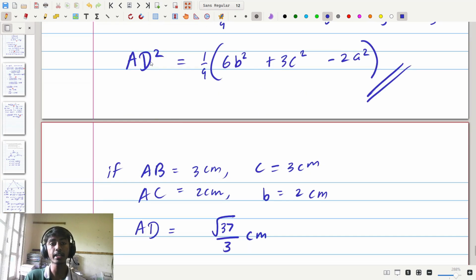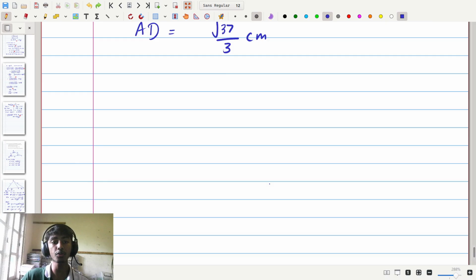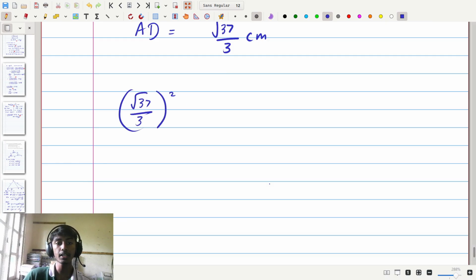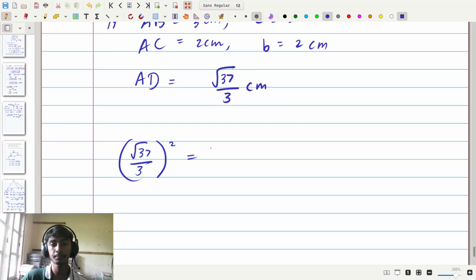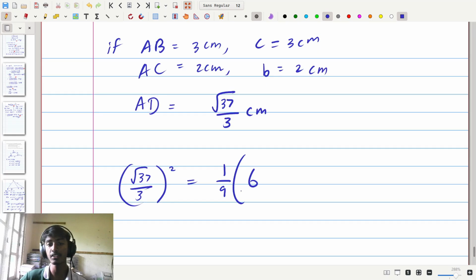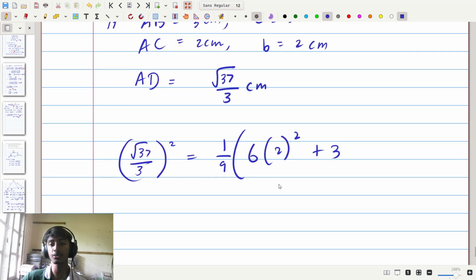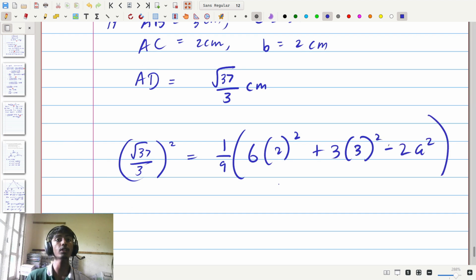By substitution, we'll get on the left hand side AD squared, which is root 37 over 3 squared, being equal to the right hand side of 1 over 9 times 6 times b squared, which is 2 squared, so 6 times 2 squared, plus 3 times c squared, which is 3 squared, so 3 times 3 squared, minus 2 times a squared, which we don't know the value of.